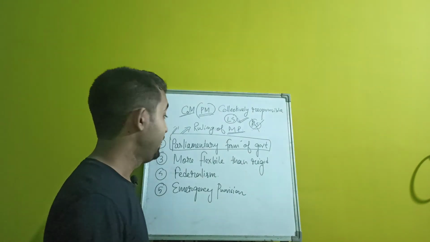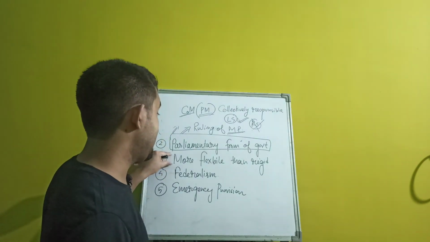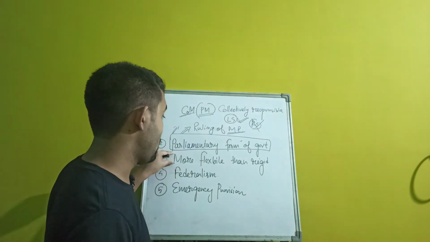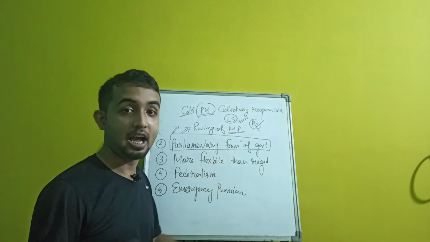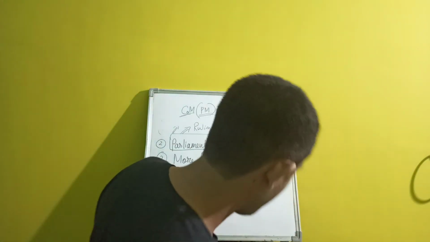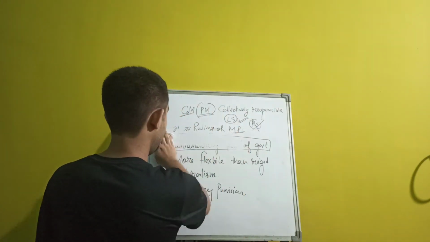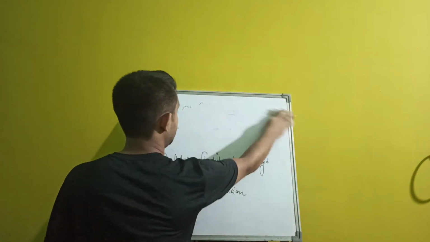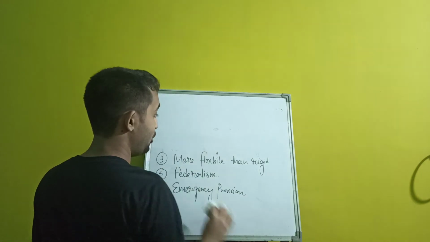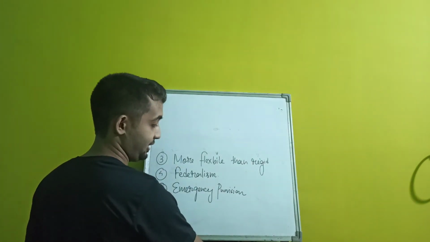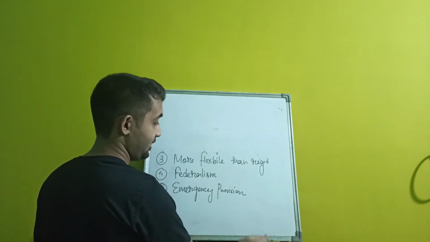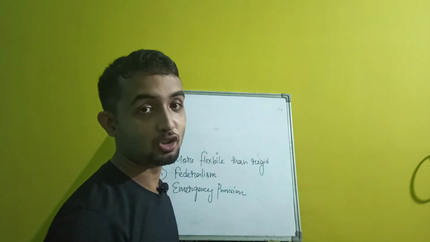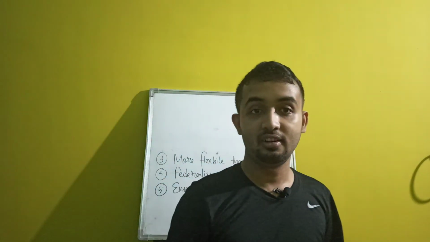Okay. Next we will see Indian Constitution is more flexible than rigid. How can we say that one? More flexible than rigid. This rigid and flexible is based on amendment.